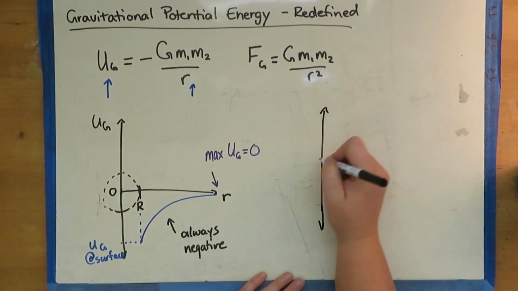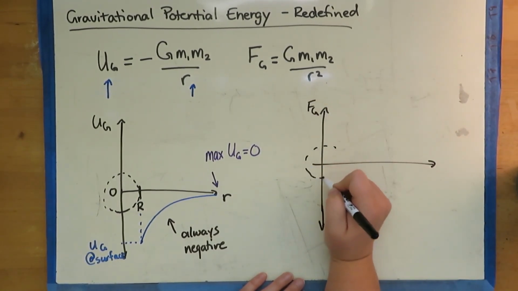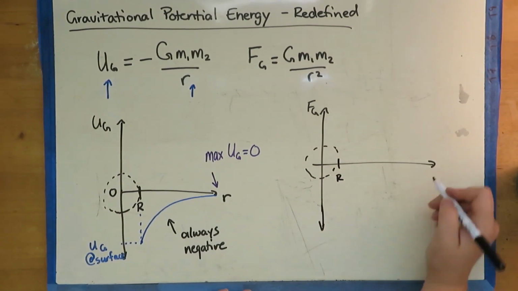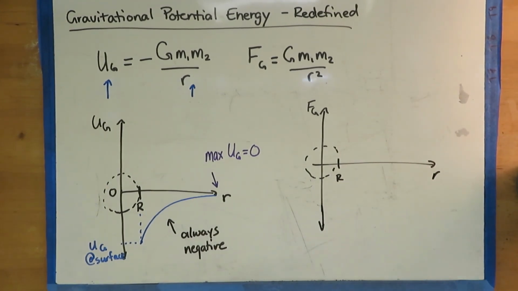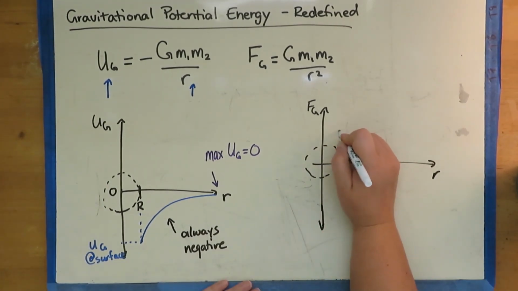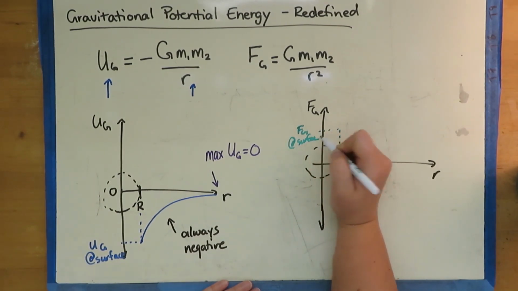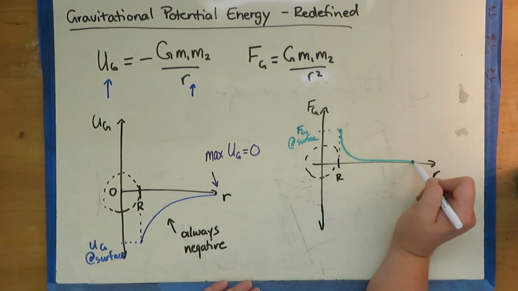gravitational force, so this is force of gravity. Let's say this is our planet, this is the radius of our planet. We're looking at r. So our force of gravity would look something along the lines of this. So this is Fg at the surface. And it's actually an inverse square, so it's going to decrease towards 0 faster.